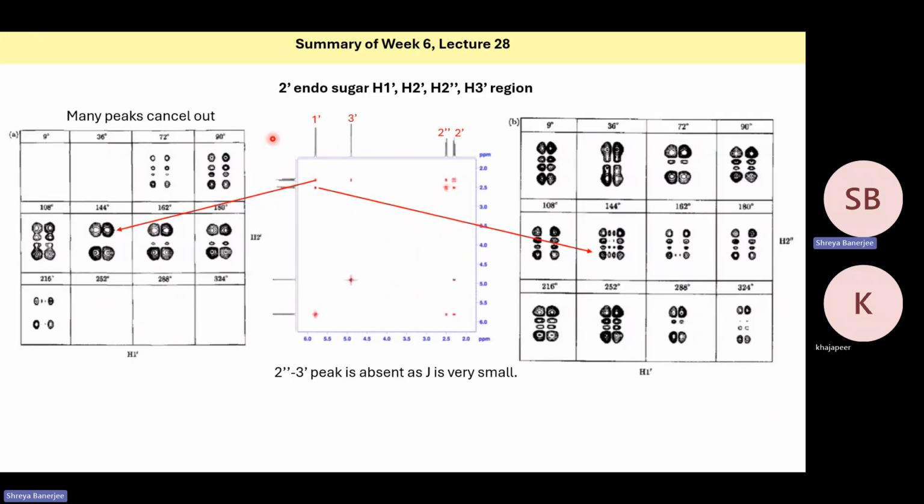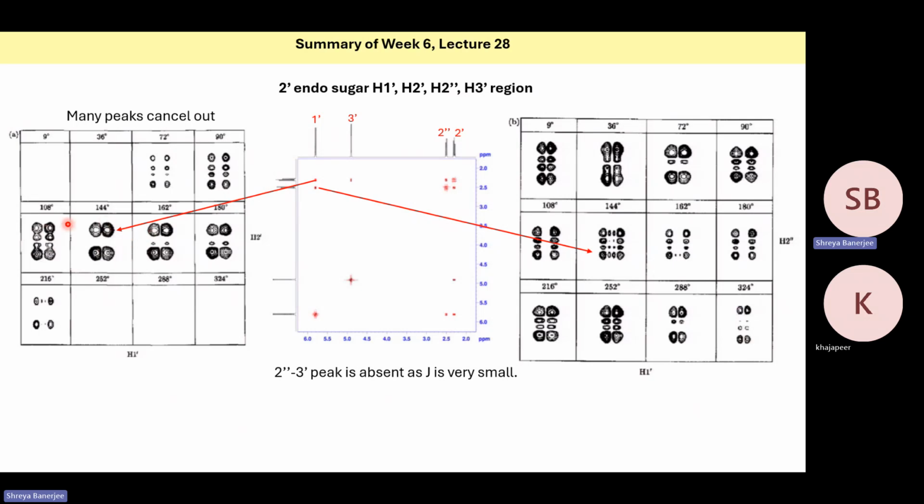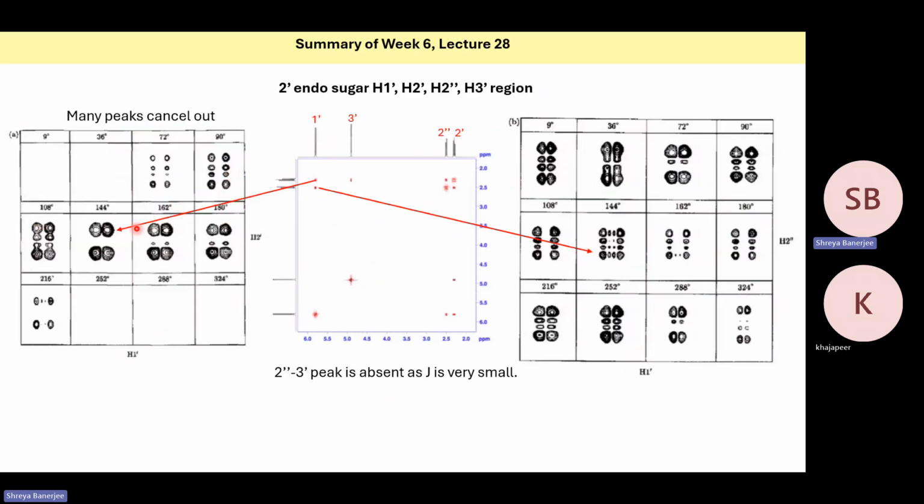Now when you have so many components, many of the peaks will cancel out. Here you have the cozy spectra shown, where many of the peaks are cancelling out. You can see that. So this is 1 prime 2 prime. 1 prime 2 prime is expected to have 16 components. But we are looking at C2 prime endo, which is around 144 degree.